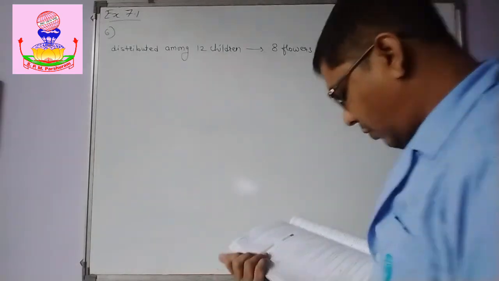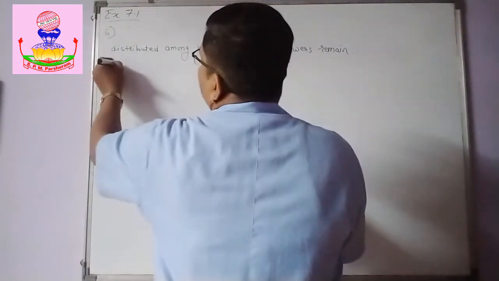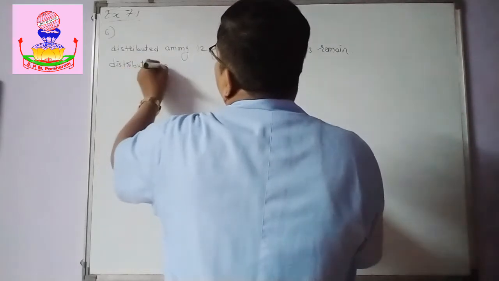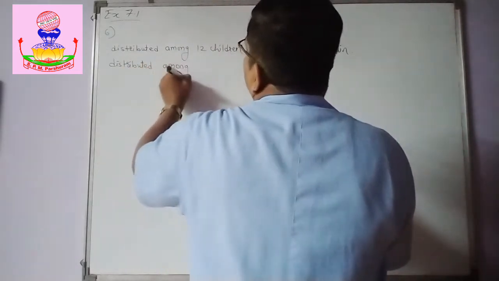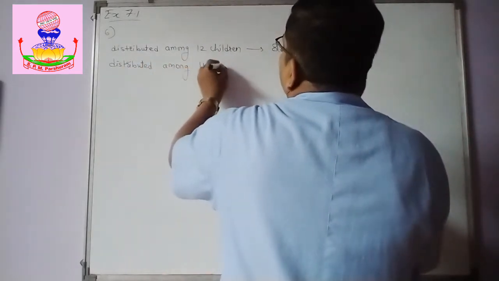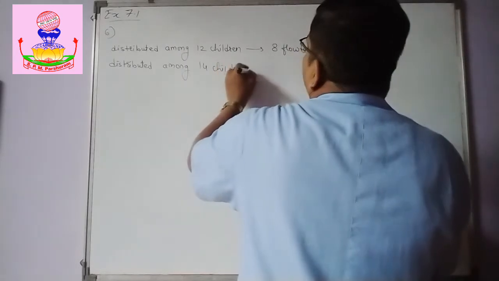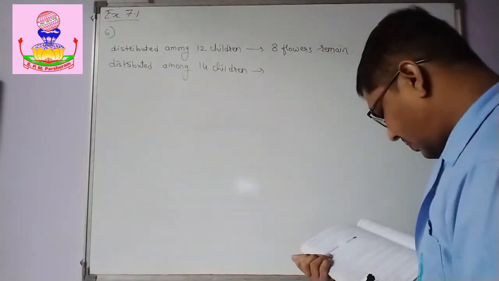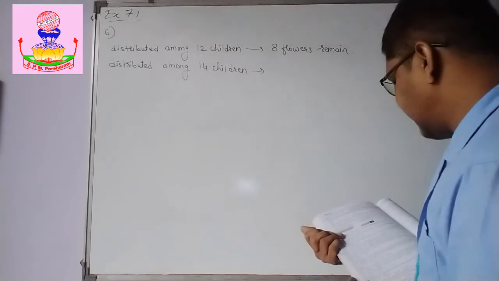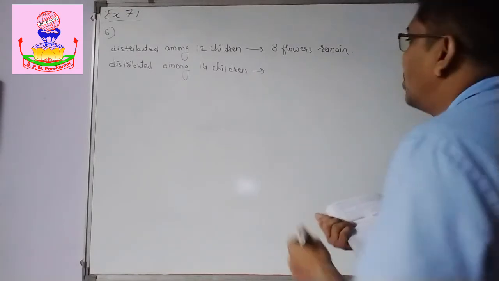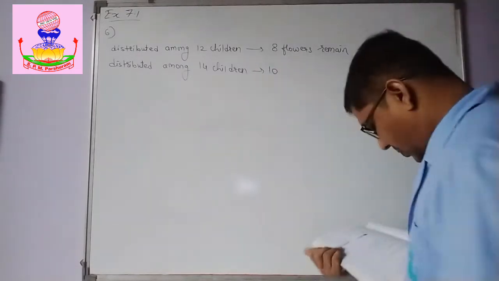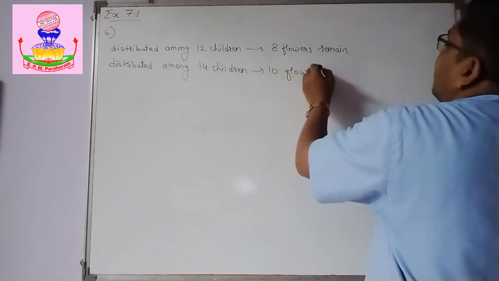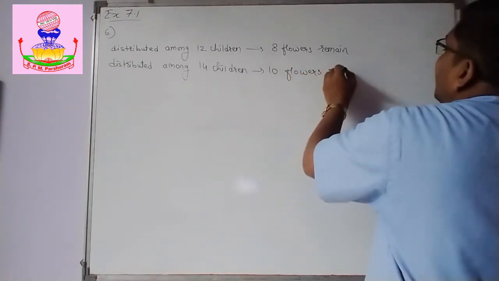And when they are distributed among 14 children, how many flowers are left? 10 flowers are left. Okay.